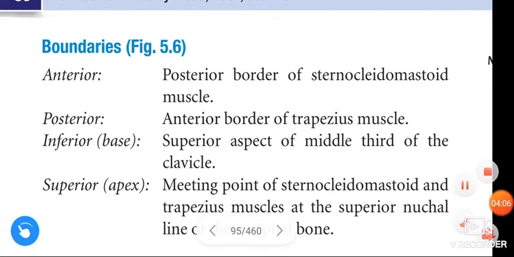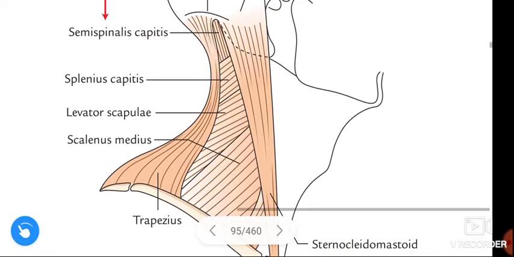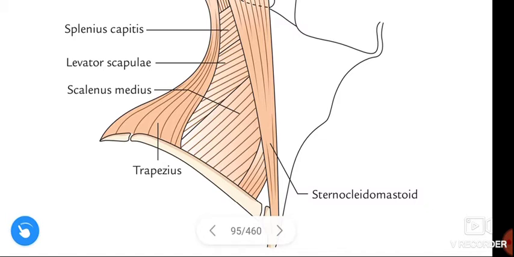See this diagram. This diagram shows all the borders of the posterior triangle. This is the sternocleidomastoid muscle.